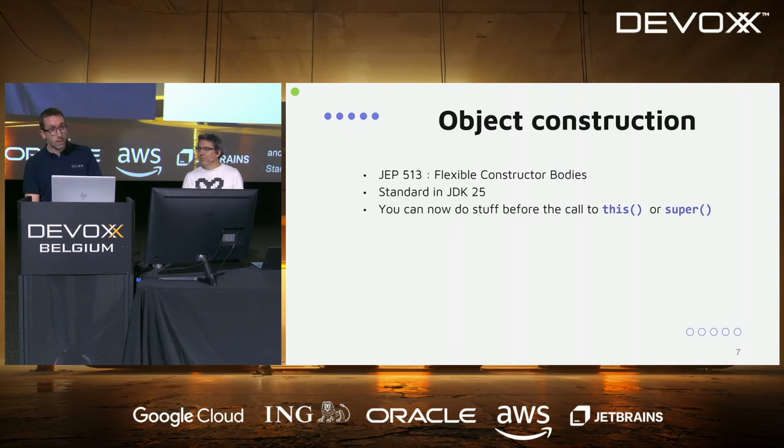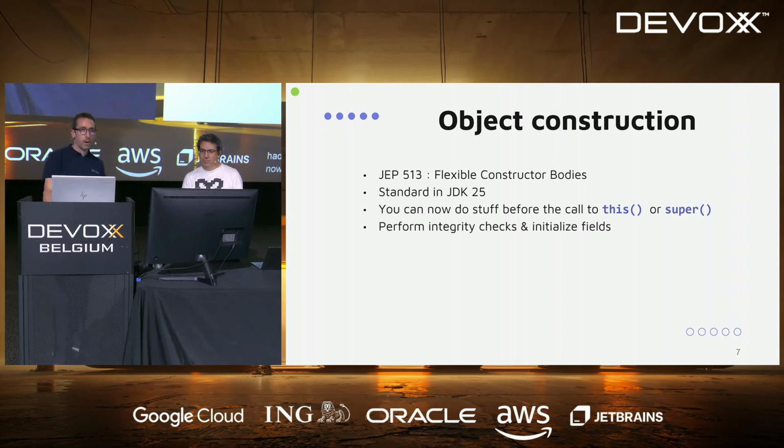It allows us to do some stuff before calling this or super. Before this JEP, there was a golden rule: the first thing you had to do in a constructor was a call to super. But now you can do stuff. It's limited, but we can do integrity checks, and we can initialize fields.